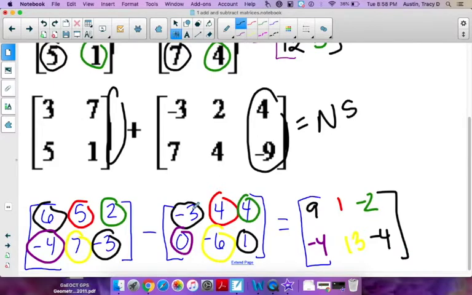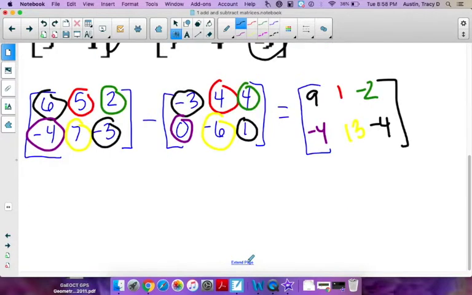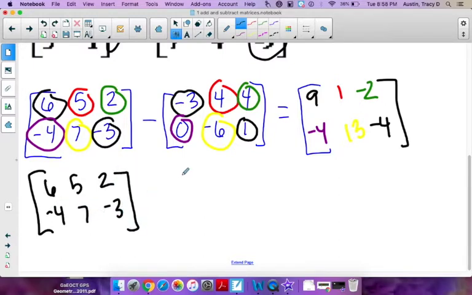Okay, the other option, if you absolutely have a really hard time with subtraction and you're having issues with your double negatives, okay, this is something you were taught way back in middle school, because technically we don't subtract integers, right? That's the same thing as how we don't divide by fractions, we multiply by the reciprocal, right?